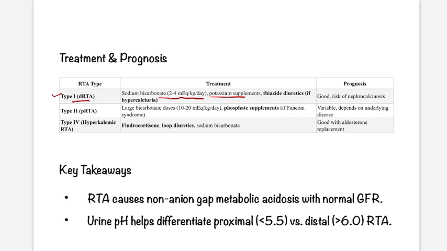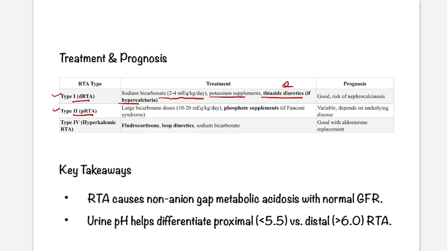If urinary calcium is getting lost, hypercalciuria is there, just treat with thiazide diuretics. Important concept: thiazide diuretics are used in distal RTA in case of hypercalciuria, very much important.